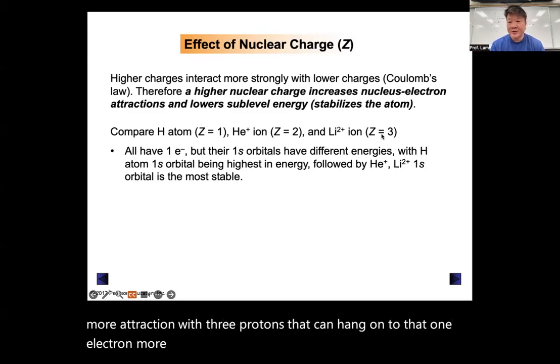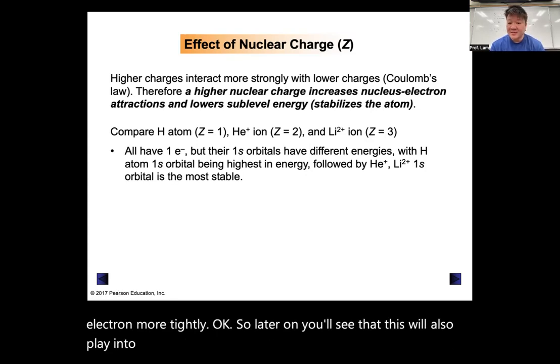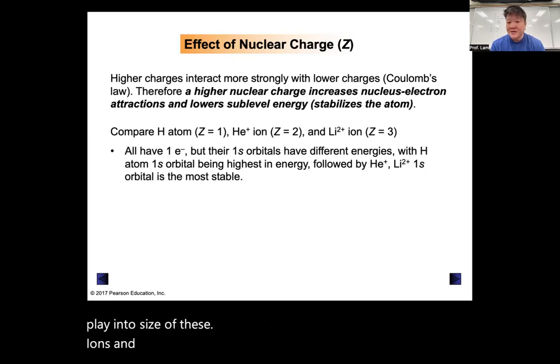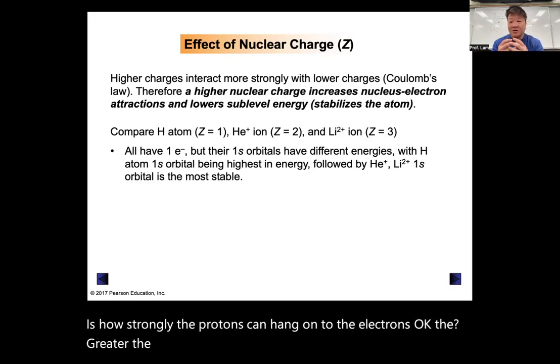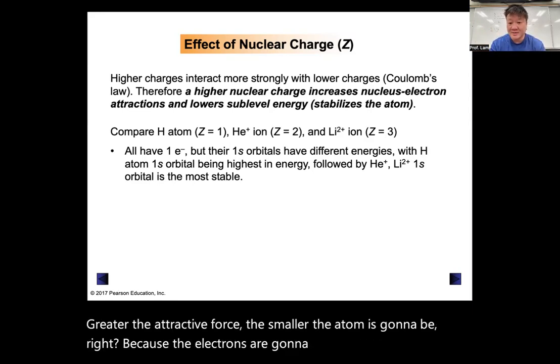Later on, you'll see that this will also play into the size of these ions and atoms, which is how strongly the protons can hang on to the electrons. The greater the attractive force, the smaller the atom is going to be, because the electrons are held more tightly to the nucleus.